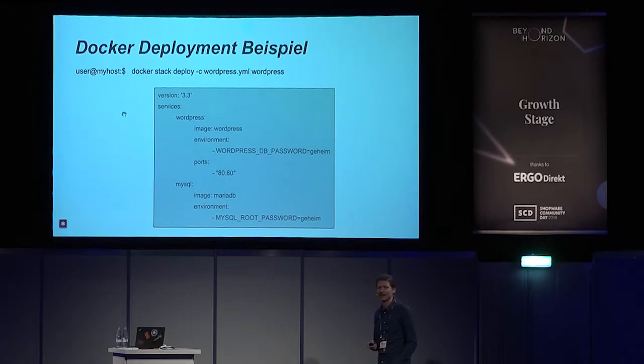So I'm going to do a bit of advertising for Docker Swarm and Kubernetes. It's not that difficult. I think it would work if you just copied and pasted that. Let's say you started Docker Swarm with the docker init command. Then you would have a WordPress with a database.